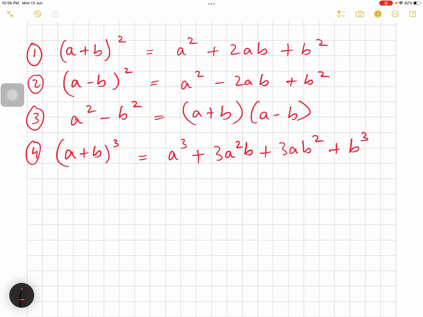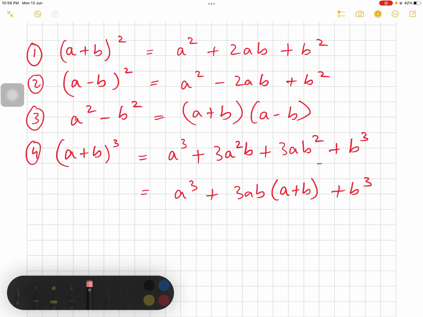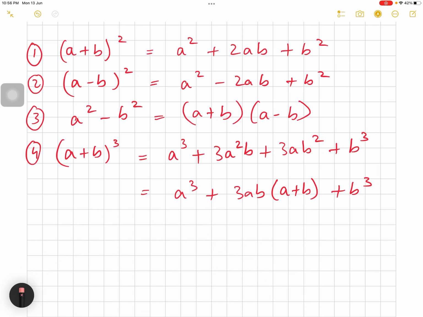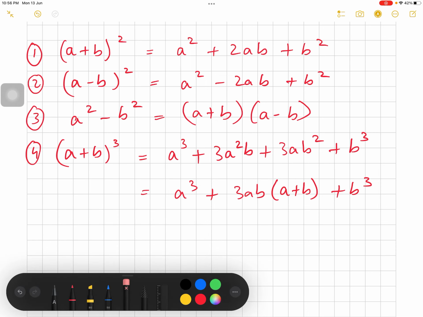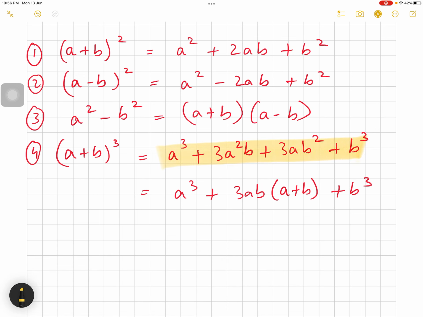Okay, so here 3ab is common, right? It can be written as a cube plus, as 3ab is common, 3ab into a plus b, plus b cube. So yeah, this can be written this way as well.